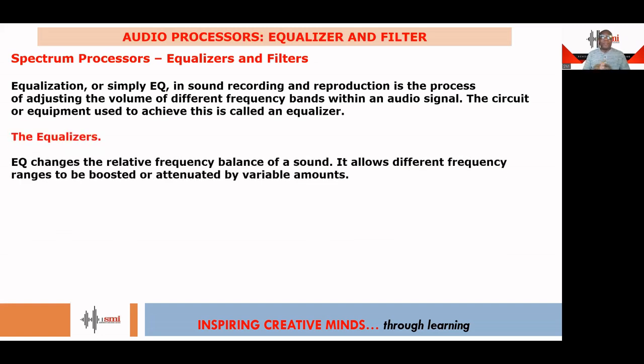Now, the equalizer, EQ, changes the relative frequency balance of a sound. It allows different frequency ranges to be boosted or attenuated by variable amounts. That tells you that if you insert any EQ in a signal flow, you are adding another gain stage into the signal flow.